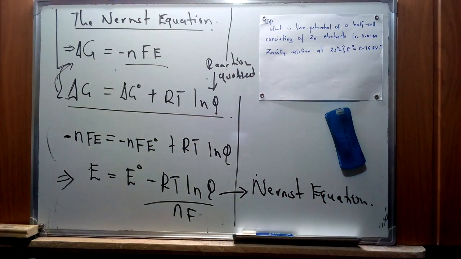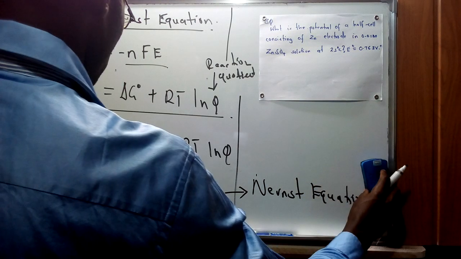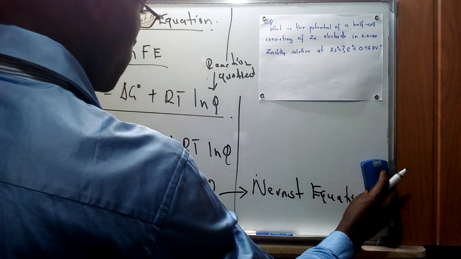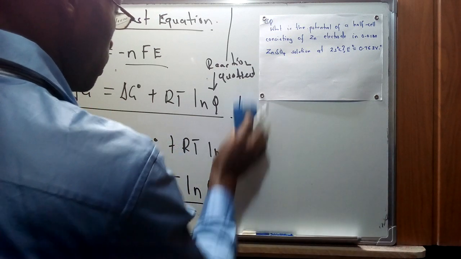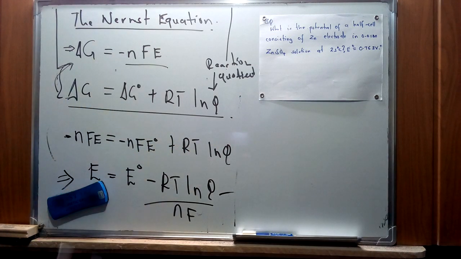And of course, it gives us the relationship of the concentration of electrochemical reactions in galvanic cells. Now, at room temperature, I'm just going to list some of the conditions that we have already discussed.